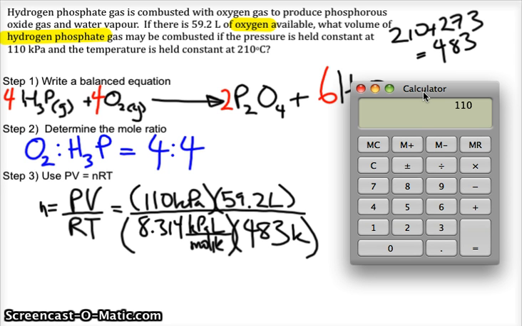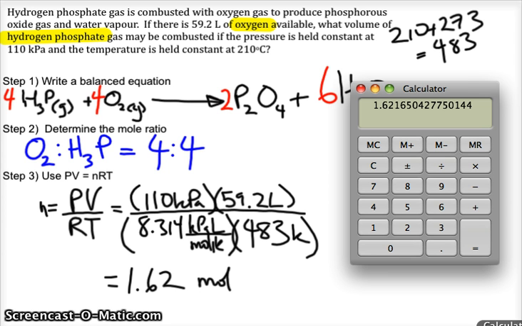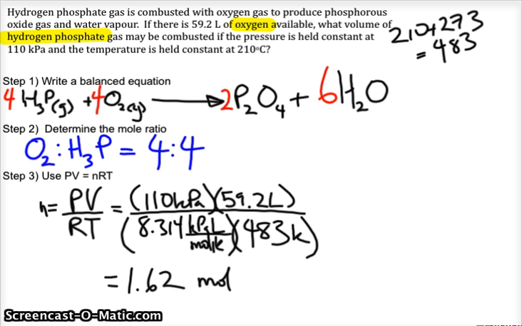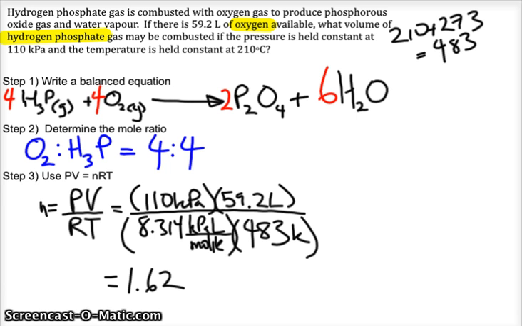And go 110 times 59.2 divided by 8.314 divided by 483 equals 1.62, 1.6504.